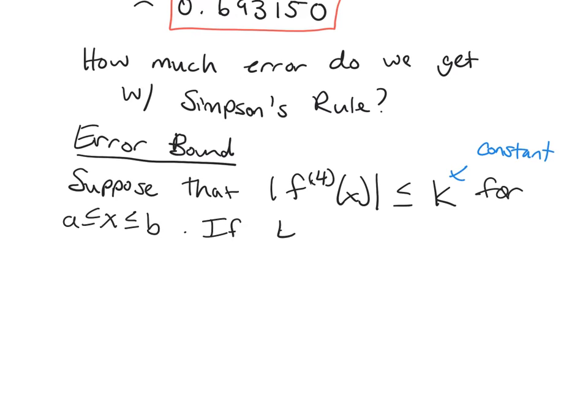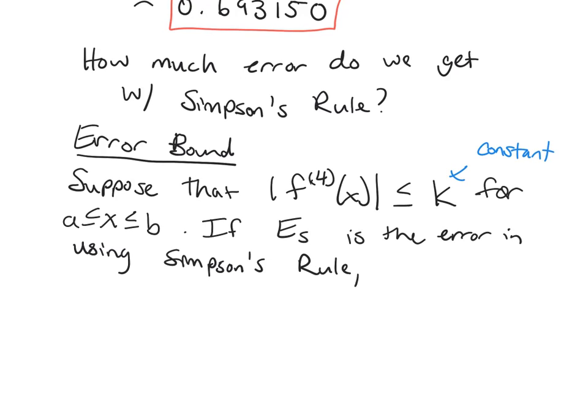I'm going to call E sub S the error using Simpson's rule. Then this error, the absolute value of E_S, is bounded by K times (b minus a) to the fifth over 180 n to the fourth.